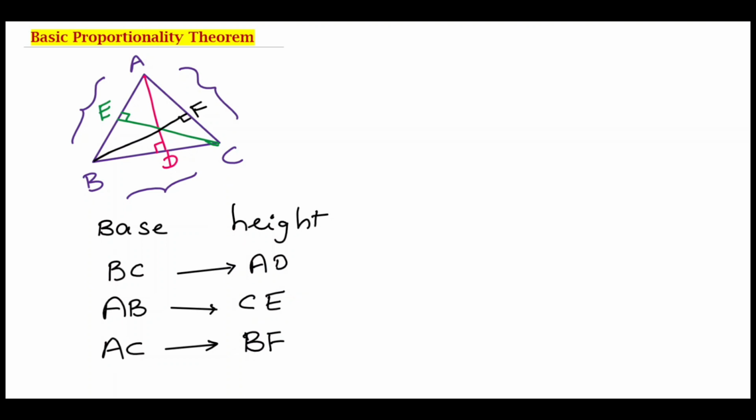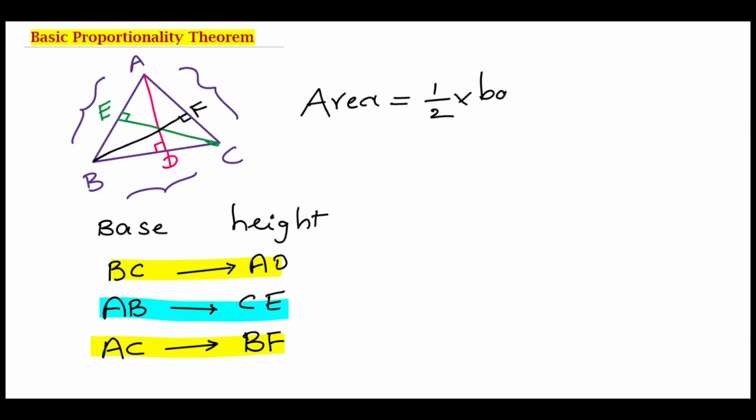Whichever possibility we consider, either the BC and AD combination, or AB and CE, or the last one, AC and BF, finally we will get the area of the triangle the same. So what is the area of the triangle formula? Area of triangle will be half into base into height.